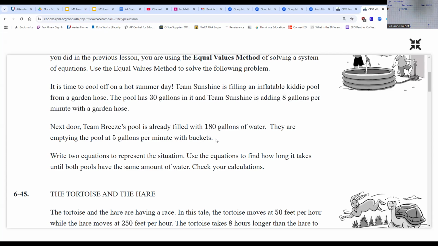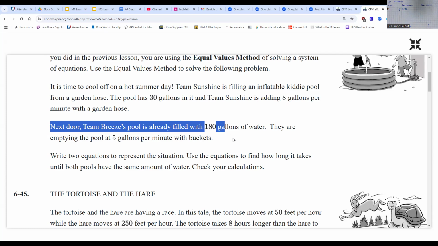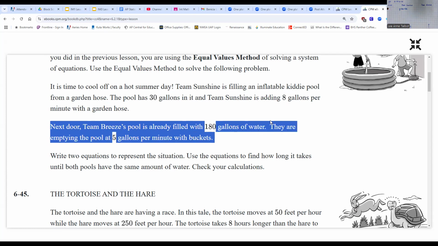Okay, now Team Breeze, they're going to try to trick you on this one. Don't let them. Next door, Team Breeze's pool is already filled with 180 gallons of water. They are emptying the pool at 5 gallons per minute with buckets. Emptying, what does that mean?